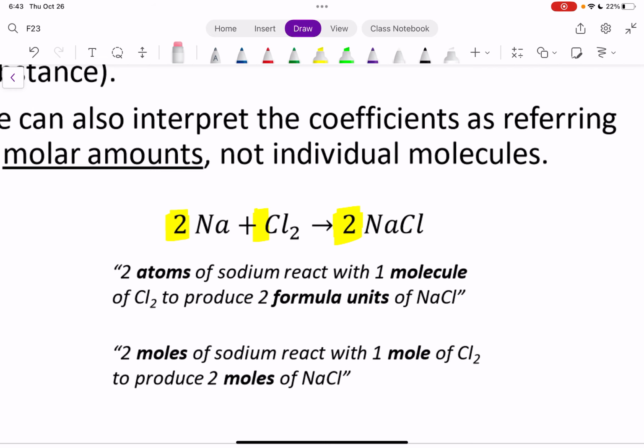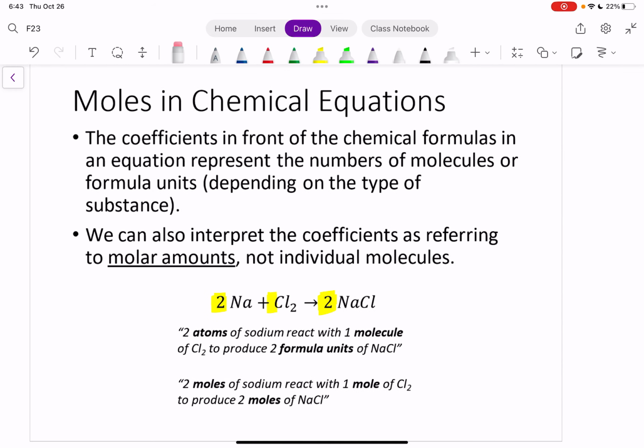But what I didn't tell you, because we didn't know anything about moles yet, is that those coefficients actually also tell you the molar amounts for each of those chemical substances. So while I could say 2 atoms of sodium react with 1 molecule of Cl2 to produce 2 formula units of NaCl, I could also say 2 moles of sodium react with 1 mole of Cl2 to produce 2 moles of NaCl.